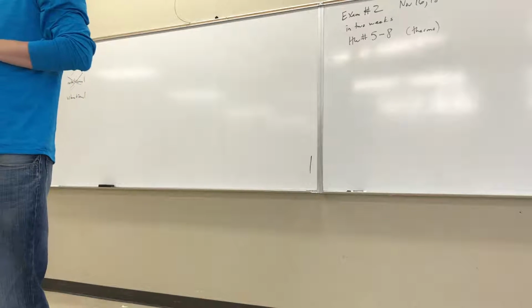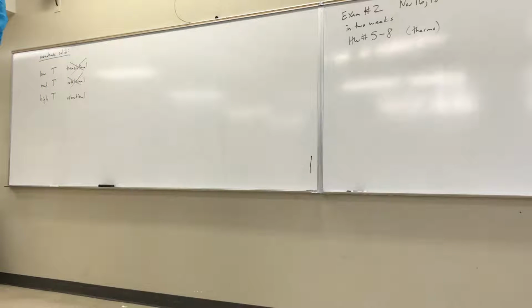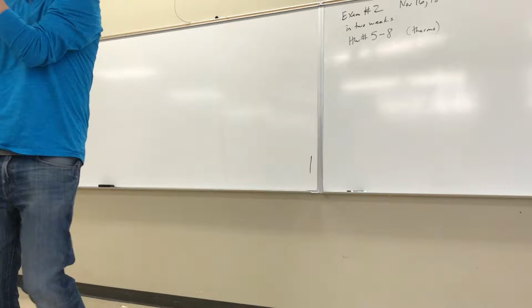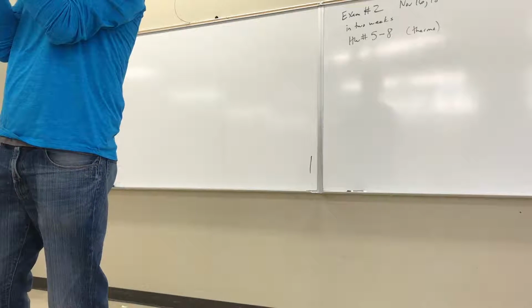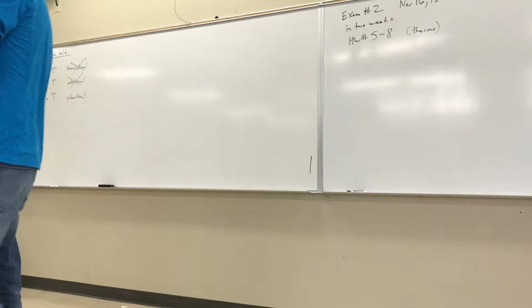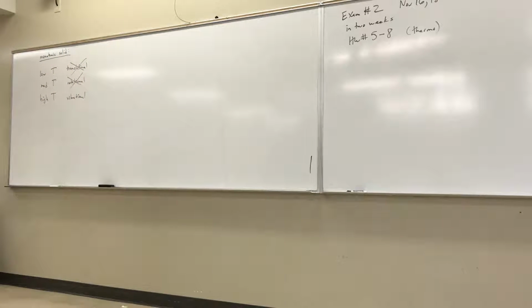But unlike the diatomic, where there was only one vibrational mode, right? It could oscillate like this. Let me see if I still have that one. There we go. So unlike the diatomic, where it can only vibrate one way because it has one buddy to vibrate with, this has neighbors on all three spatial dimensions. So it can vibrate back and forth, it can vibrate up and down, or back to front.